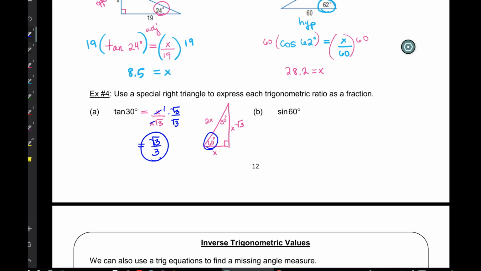So 60 degrees, we want sine, so that's opposite over hypotenuse. So opposite is x root 3 over the hypotenuse, which is 2x. The x's are going to cancel, and I'm left with root 3 over 2, and we don't have to rationalize because the radical's in the numerator.